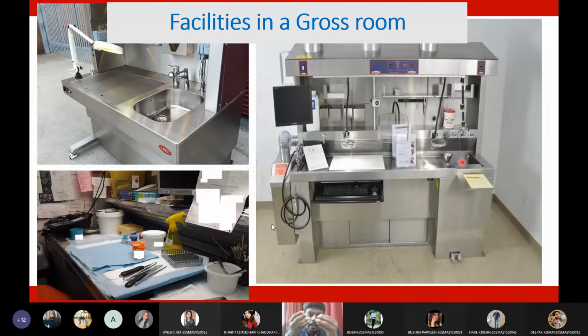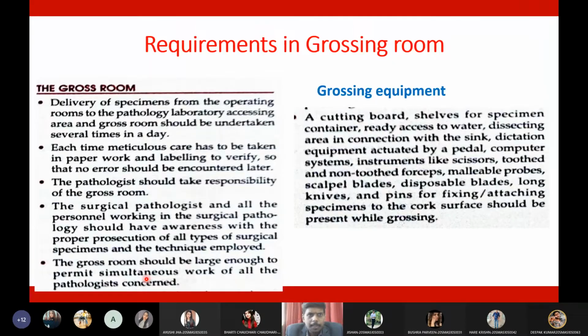Whatever fluids ooze from the biopsy specimens will be separately collected by the working station, and these fluids need to be treated properly and discarded properly. So those systems are available. Also we require many very specialized blades and scissors, everything required for gross examination. So yeah, the grossing room.